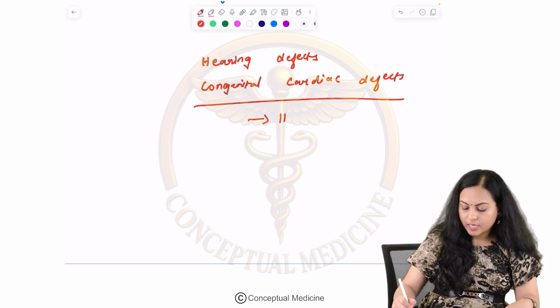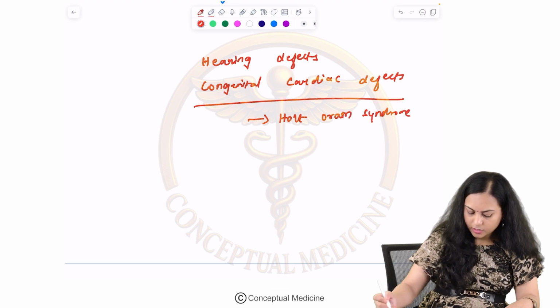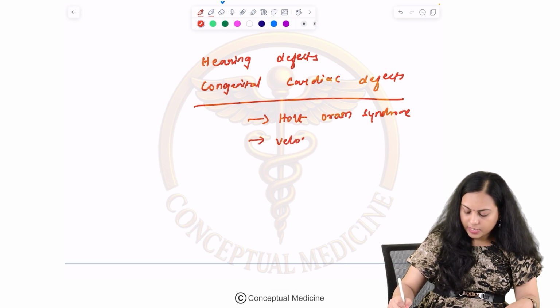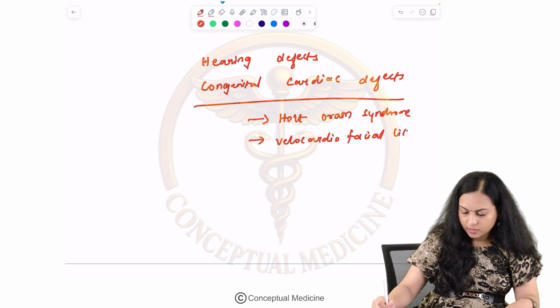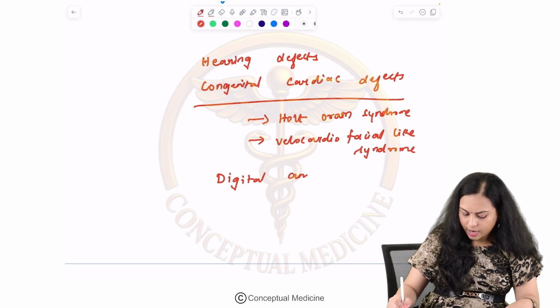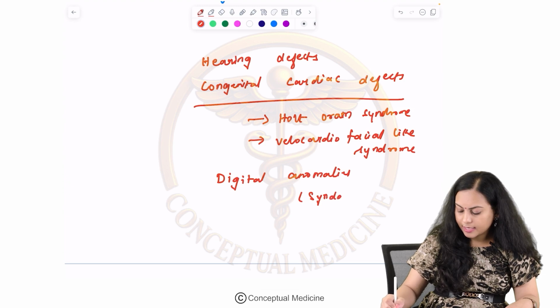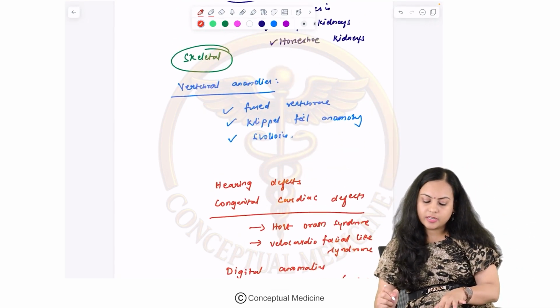Especially, it can be associated with Holt-Oram syndrome or the velocardiofacial-like syndrome. And it may also be associated with digital anomalies as well, including syndactyly and polydactyly. Okay. So these are the associated anomalies.